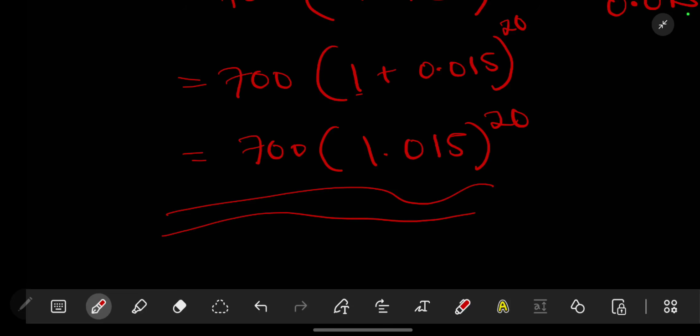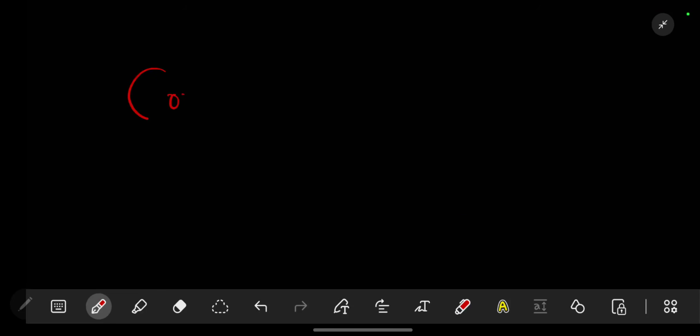Let's move on to our next problem. If it is compounded continuously, this now becomes exponential, meaning it is being compounded many times which we do not know.